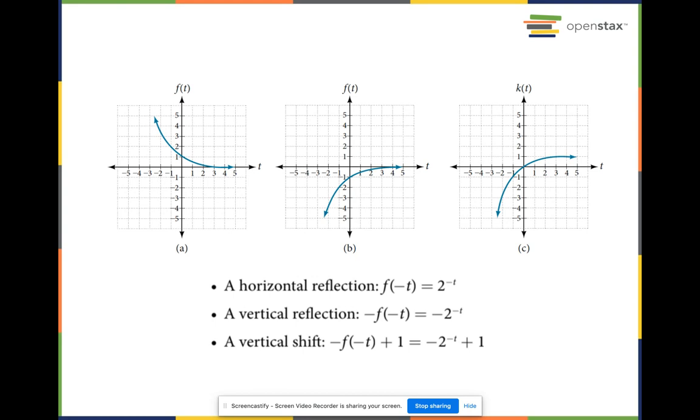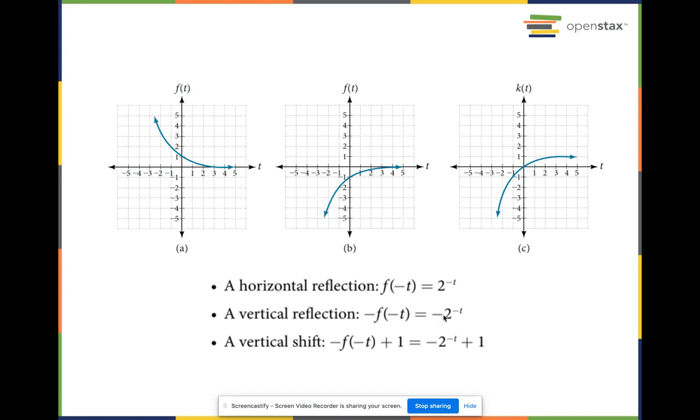It reflected about the x-axis. And we can see our original function crosses the y-axis at 1, right? That's our base function, an exponential, crosses the y-axis at 1. So first we did a horizontal reflection, then we're going to reflect this vertically, right?